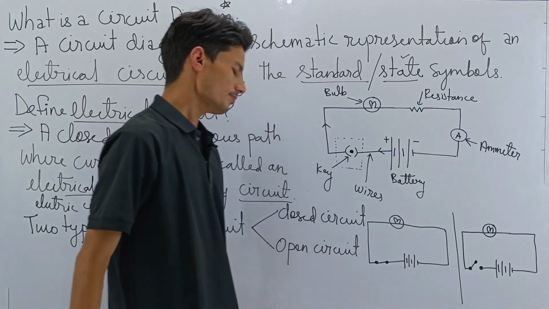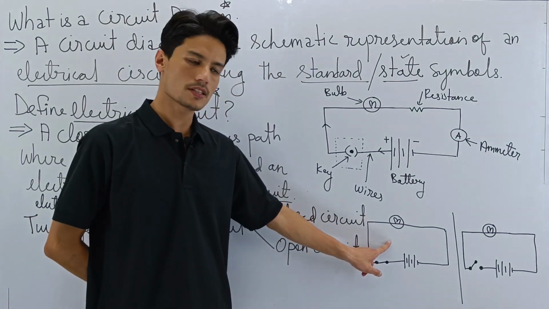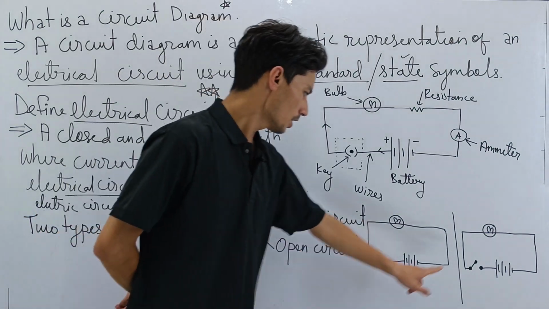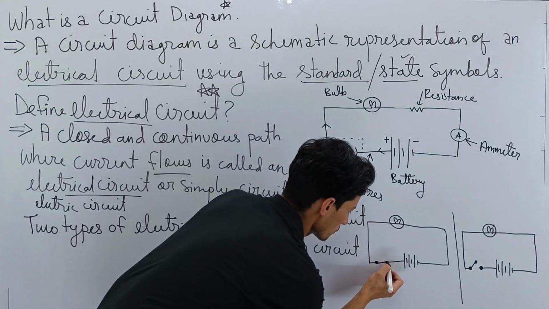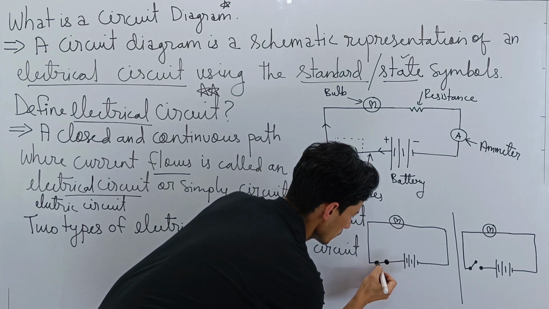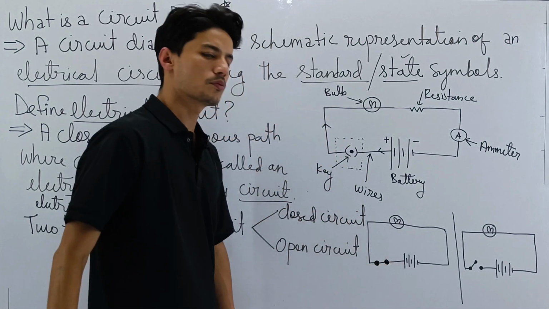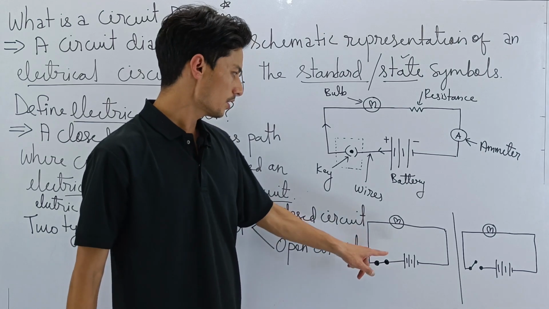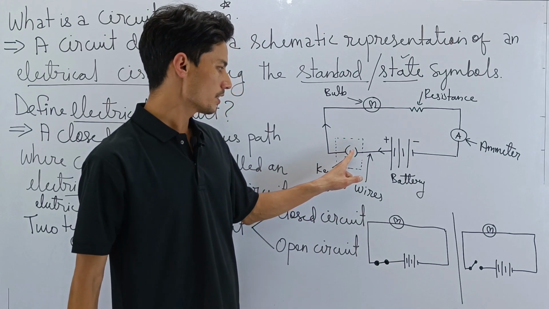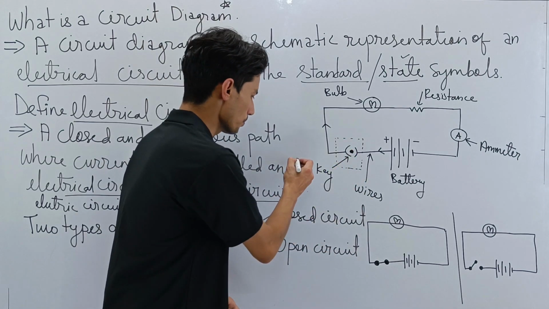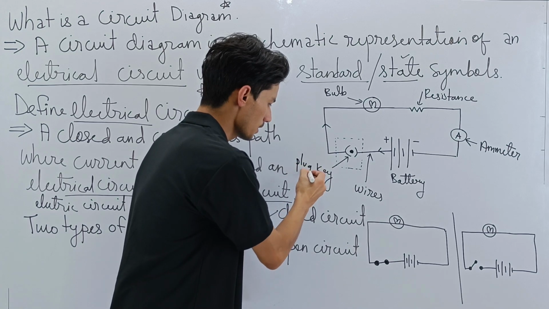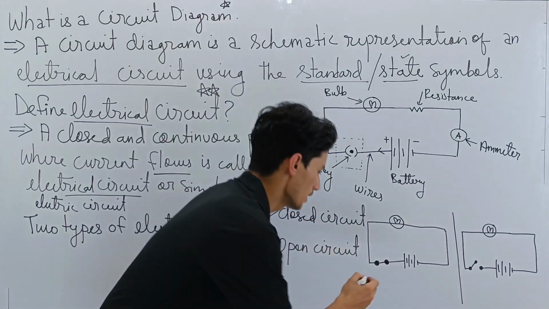Now this is another way to represent close and open. Here, unlike this, this is for plug key. Here this is wires only.